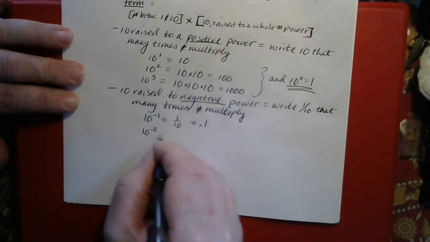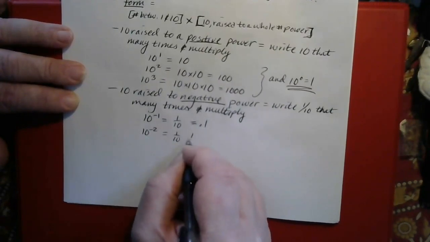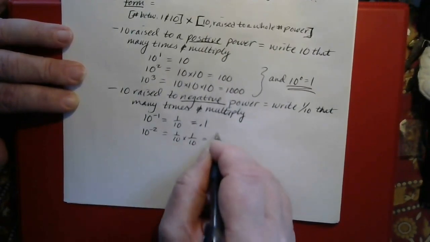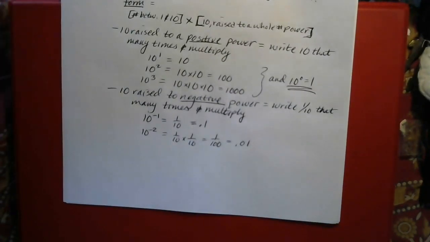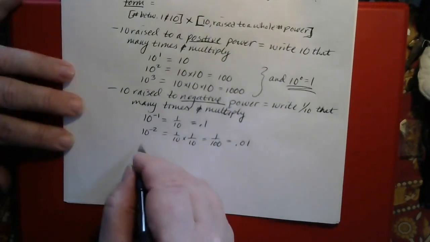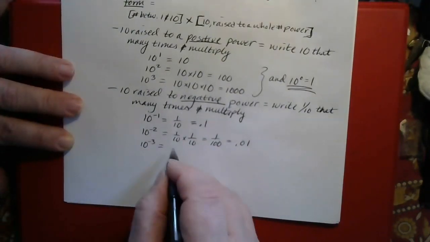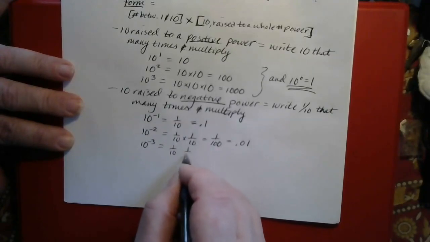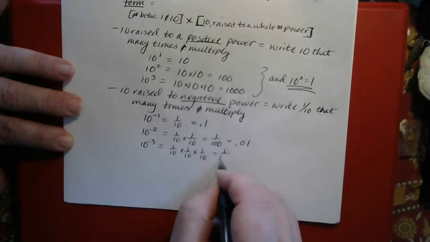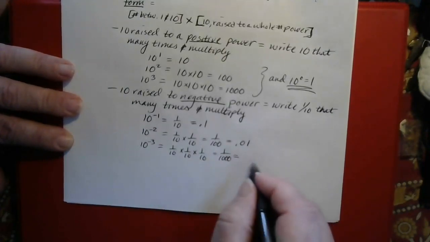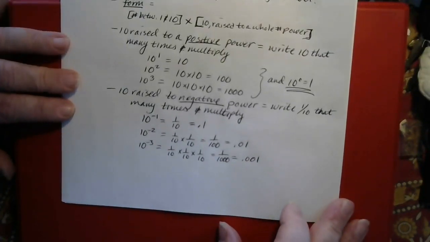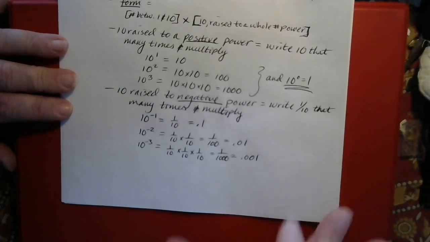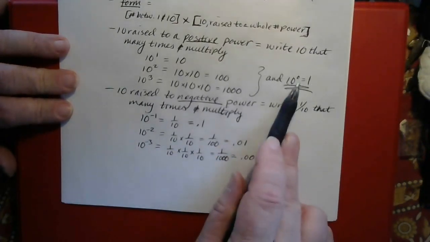If you have 10 to the minus 2, that's 1/10 and 1/10 multiplied together, that's 1/100th, or 0.01. If you have 10 to the minus 3, that's 1/10, 1/10, 1/10 multiplied together. In other words, that's 1/1000th, or 0.001. And of course, it's still the case that 10 to the 0 is equal to 1.